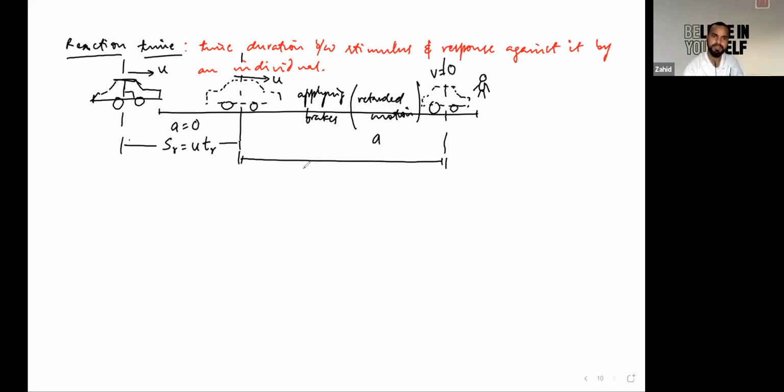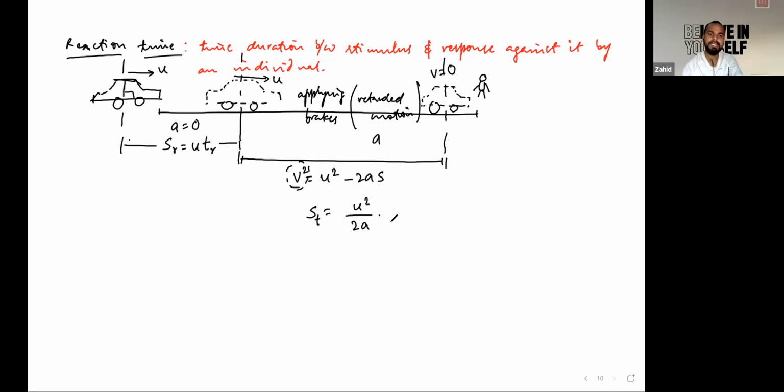So its final velocity would be 0. Using the third equation of motion, v squared equals u squared minus 2 times a into s, as a is retarded motion, so you take a as negative. V would be 0 as the car is finally stopping. So on solving, you get s equals u squared over 2a. This distance traveled by the car to get stopped is called stopping distance.